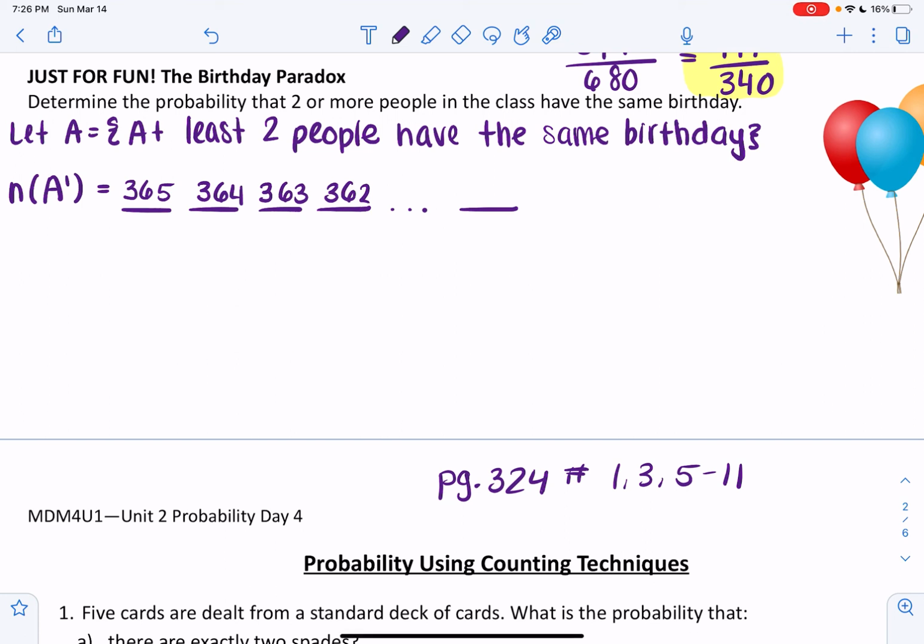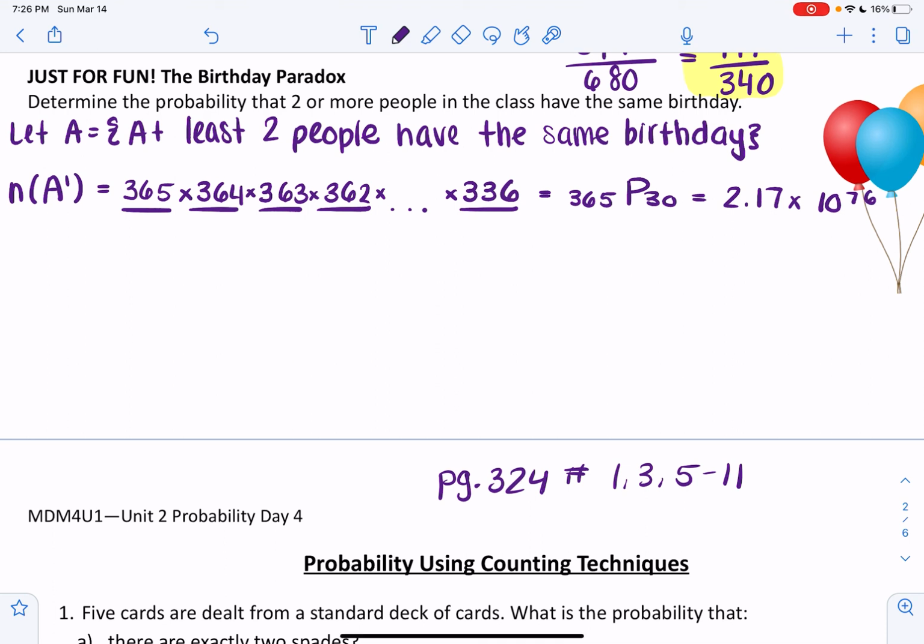Now because we need a birthday for the first student and the second and the third and the fourth all the way to the 30th, we multiply. Now you can write it out like this, but this is also just a permutation, so we could do 365 permute 30. And either way, you will get 2.17 times 10 to the 76.